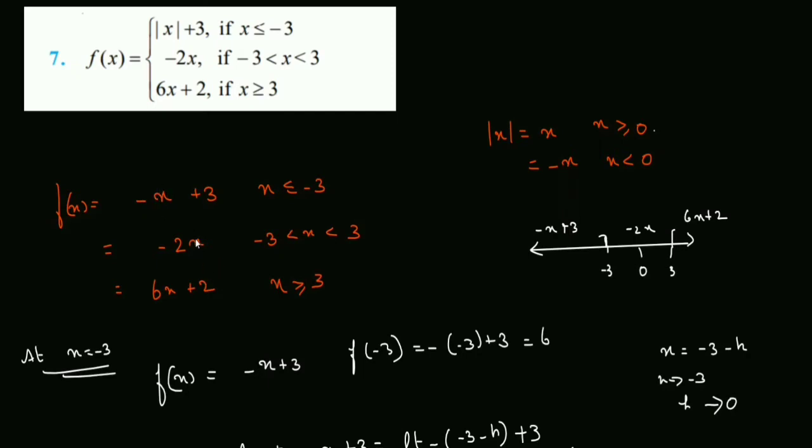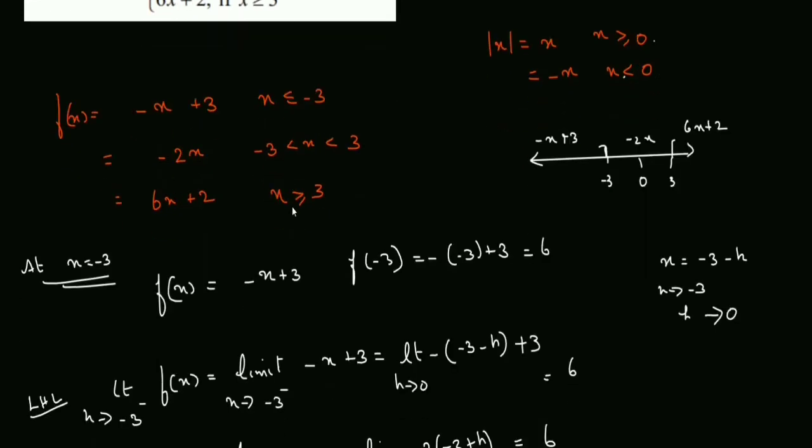The other functions stay as they are. Only modulus of x you are replacing by minus x, because the definition is minus x when x is less than 0. So x is less than minus 3, that means x is less than 0. Then at minus 3 and plus 3 also we have to check. The function is defined for less than minus 3, minus 3 to plus 3, and greater than 3.